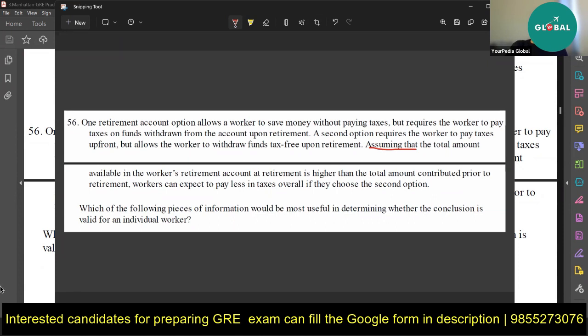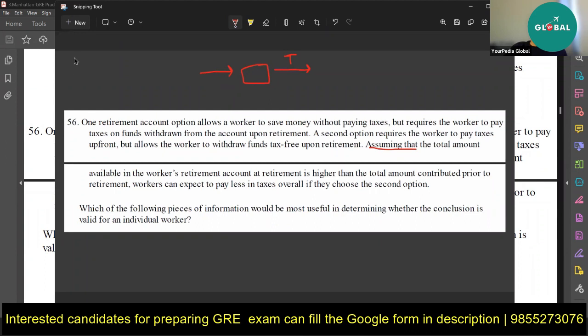First of all, you need to understand the first information clearly. There are two plans for a retirement account. In the first plan, the person puts money in this account tax free, and while withdrawing the money, he pays tax.